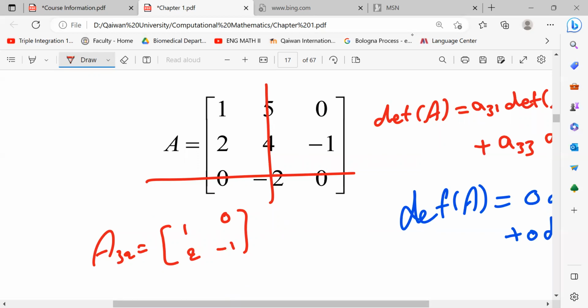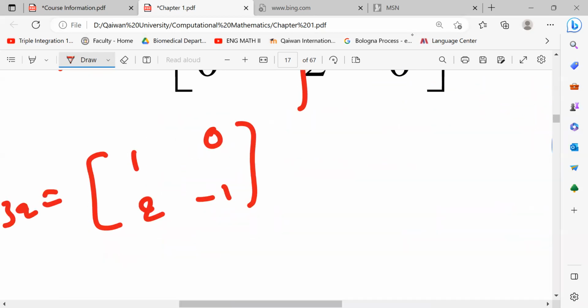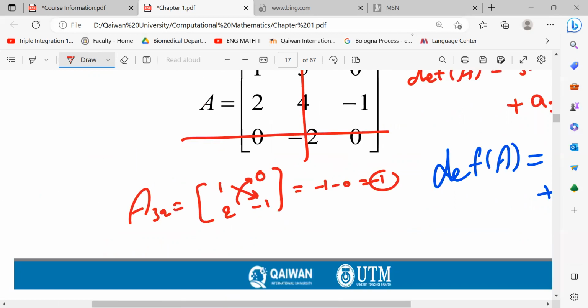And we have a rule for finding the determinant of a 2 by 2 matrix. Here we multiply these two, minus, we multiply these two. That's all. 1 times -1 is -1, minus 2 times 0 is 0. It is -1. So this is the determinant of A32.